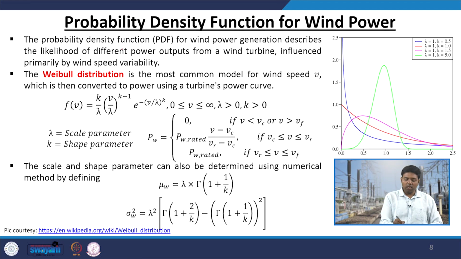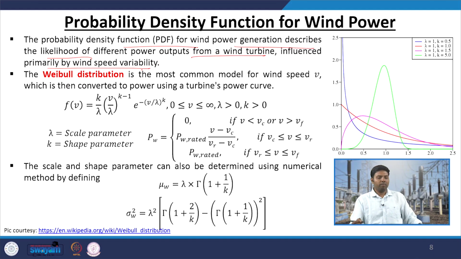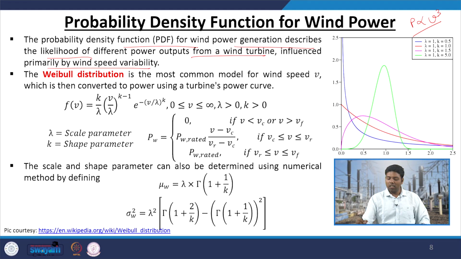So, the probability density function for wind power generation describes the likelihood of the different power outputs from a wind turbine, influenced primarily by the wind speed variability. We have seen that P is proportional to V cube. So, the variability in the wind speed is actually the variability in your wind power generation.